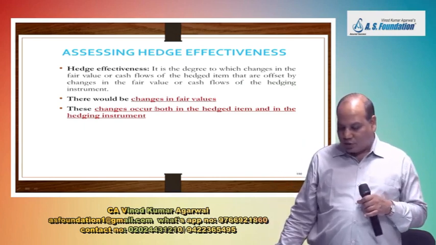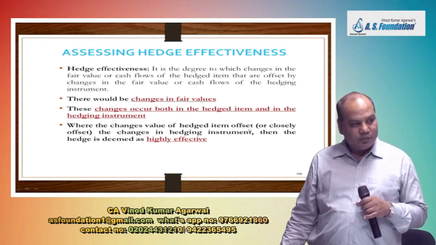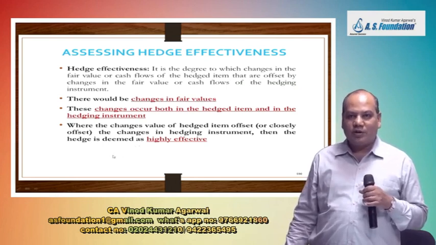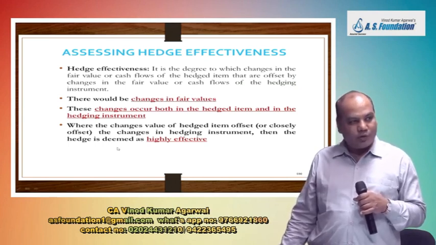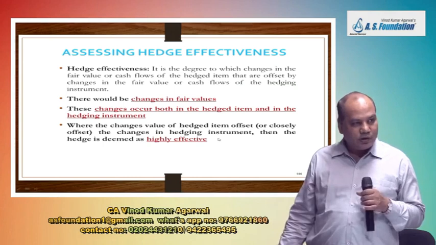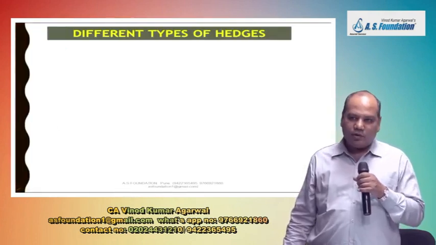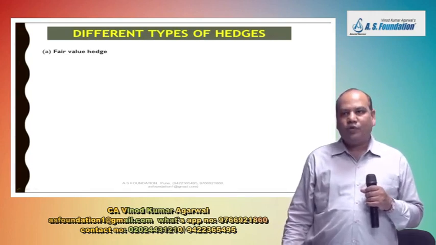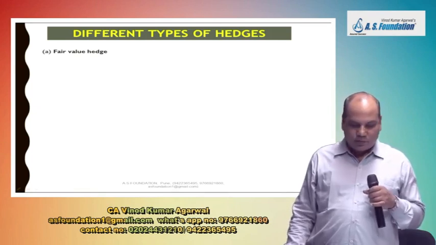When the change in value of the hedged item offsets or closely offsets the change in the hedging instrument, the hedge is deemed to be highly effective. Offset means 100%, but 100% may not be practically possible every time. So one has to apply judgment. If only, say, 10% of your risk is hedged, then that is not an effective hedge.